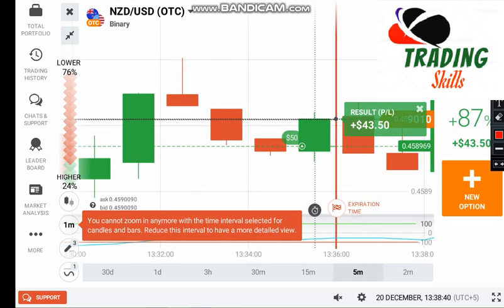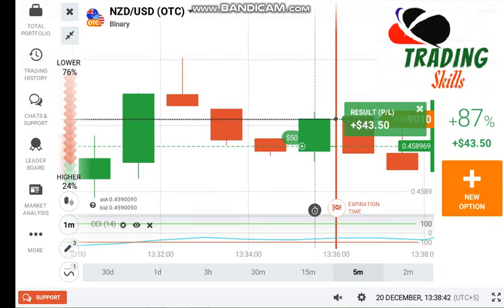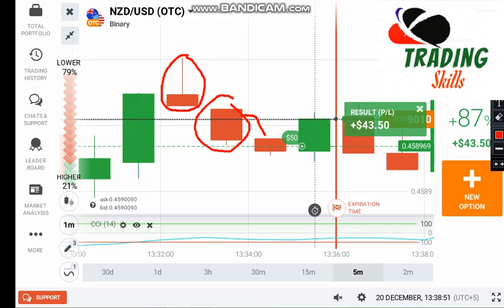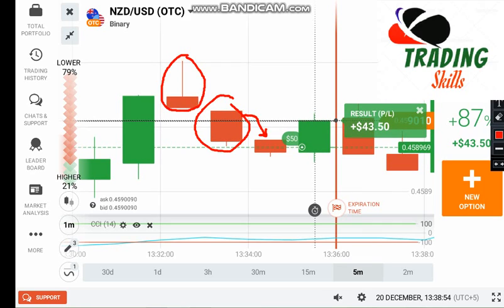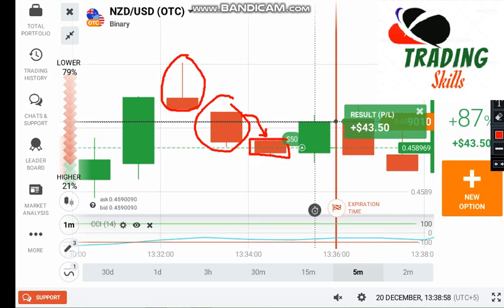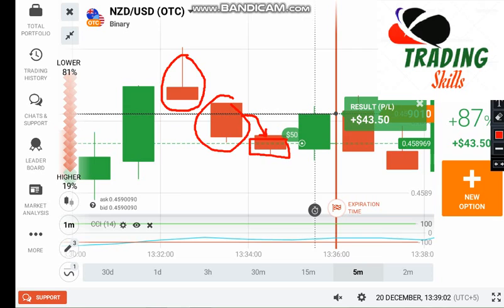If you analyze the market here, a reversal candle, then a strong candle. Now you can easily see that this candle is not a strong candle, it is a reversal candle and a weak candle. Okay, so what does it mean?